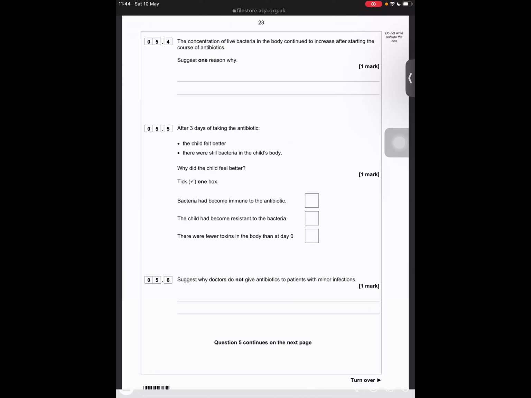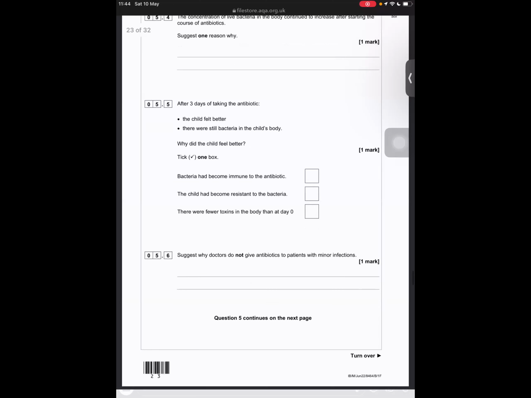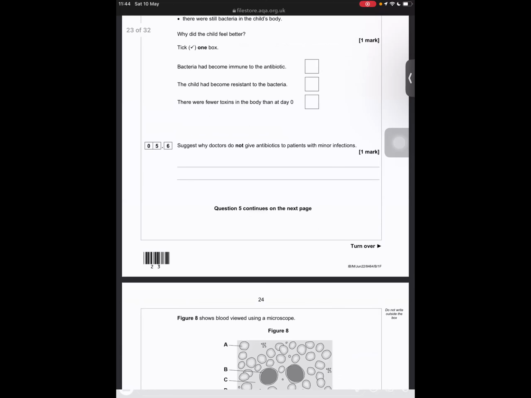No. The child had become resistant to the bacteria. Yes, I'll go with that second one. The child had developed some form of resistance to the bacteria. Is that the one the marking scheme said was correct? Yes.